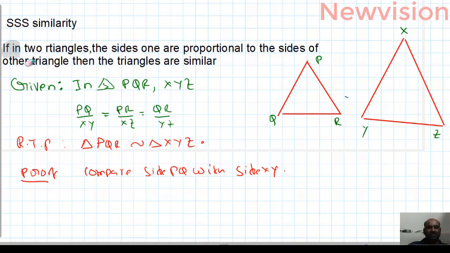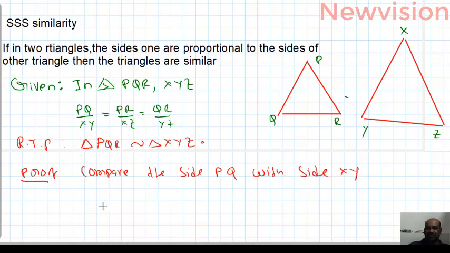I think this is not nice. I will write again. Compare the side PQ with side XY. So we have cases. Case 1: PQ equal to XY.